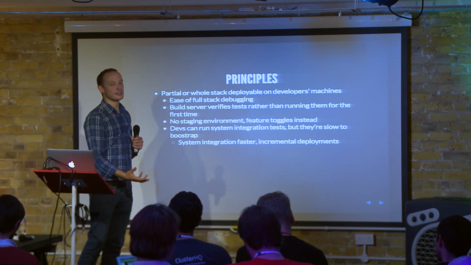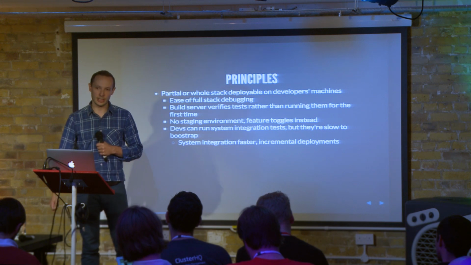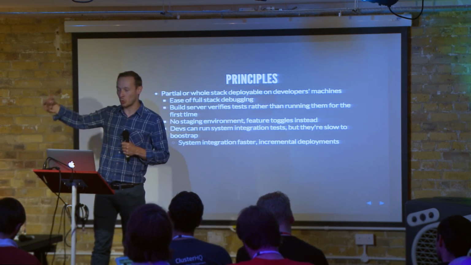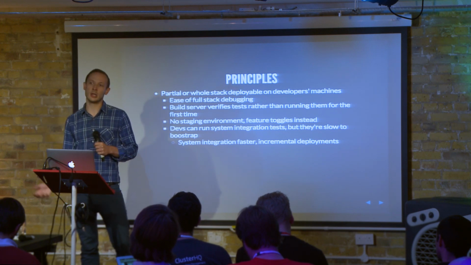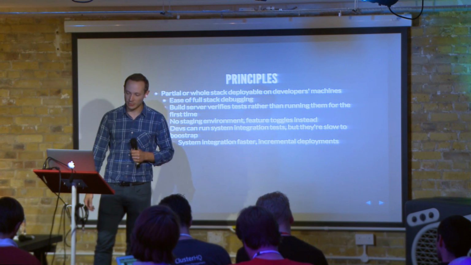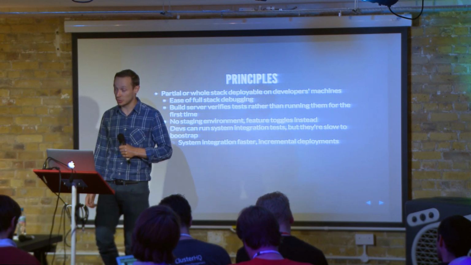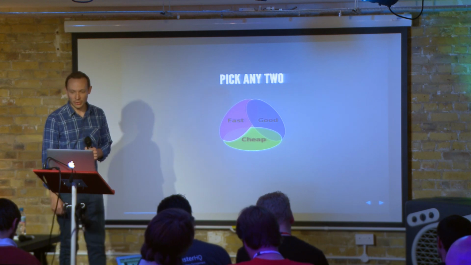But due to the expensive cost of bringing up the entire stack from cold, service discovery, then making sure they are available, it takes quite a long time. So in the interest of a tight feedback loop and saving context switching for the developer, we do defer that to the build server. Pick any two, we've gone for fast and good.